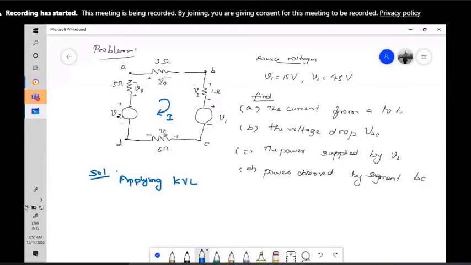So in that way, I have minus V2 plus V3 plus V4 and then again plus V5, and here again plus V1 and plus V6. In all other points it is from plus to minus, so we are treating it as a voltage drop. Now this is equal to 0.